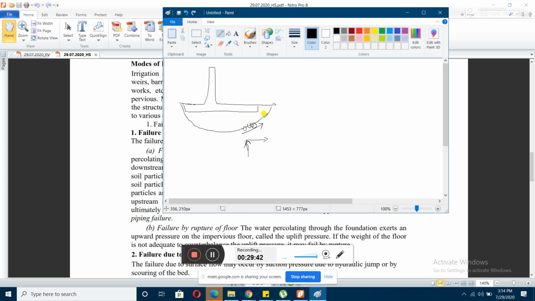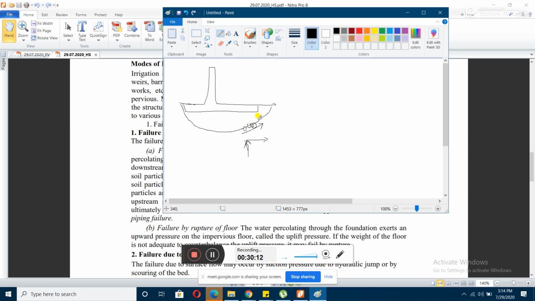Due to the percolation of water, there is a force acting on these particles along the path of percolation, and the soil particles tend to disintegrate, and as a result they get washed away, and there is a hollow happening here.